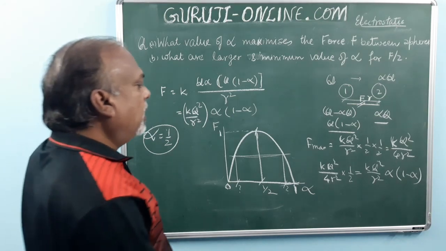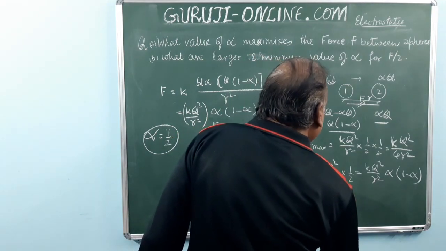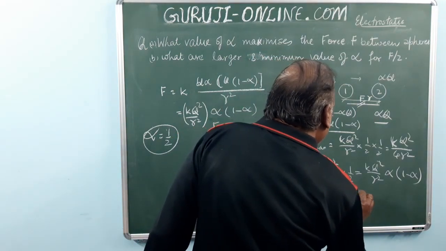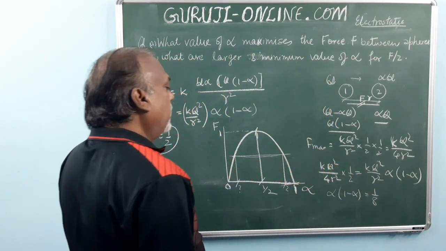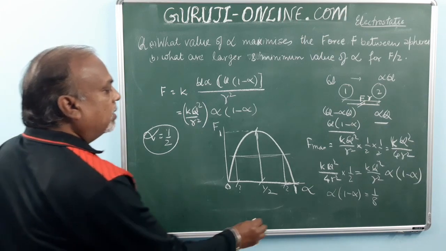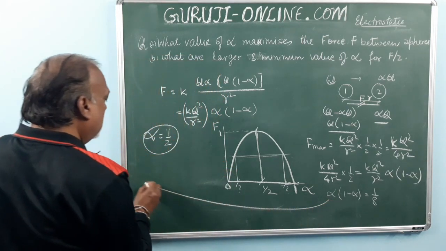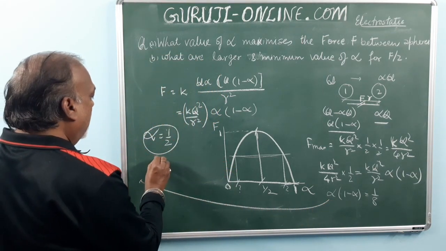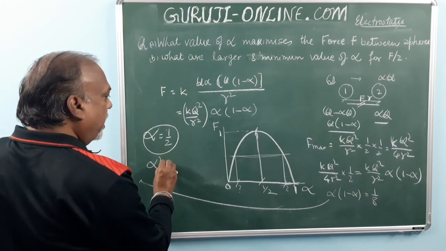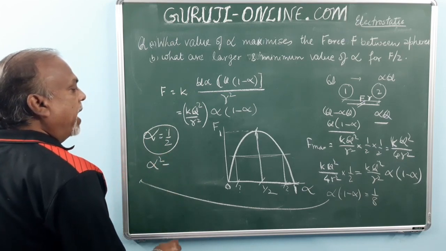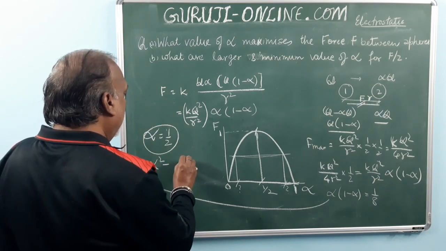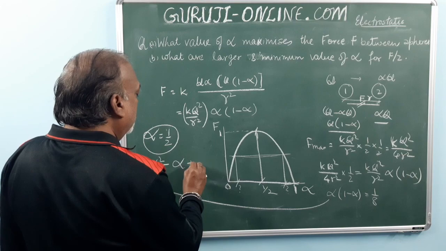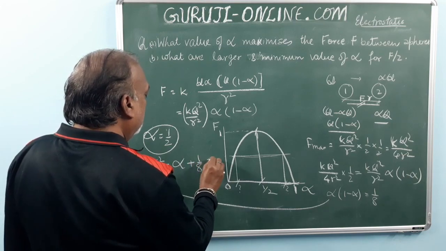So this is a quadratic equation, alpha 1 minus alpha is equal to 1 by 8, or alpha square minus alpha plus 1 by 8 equal to 0.